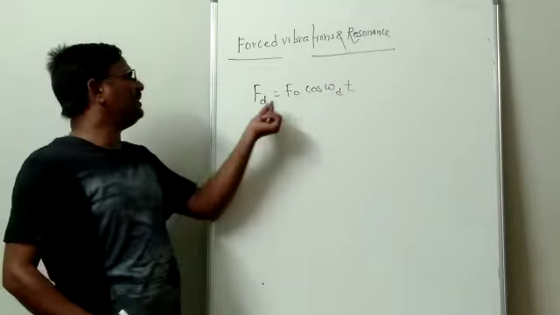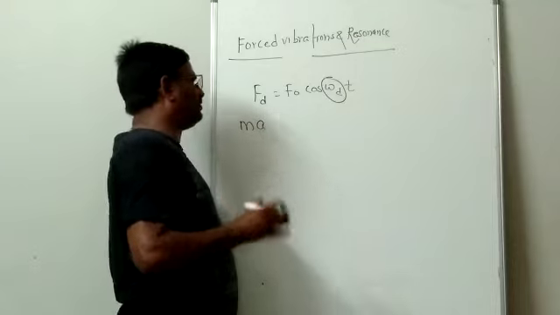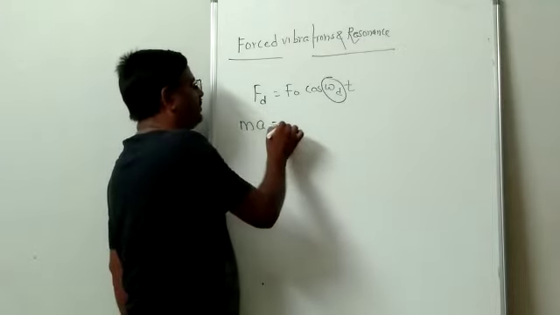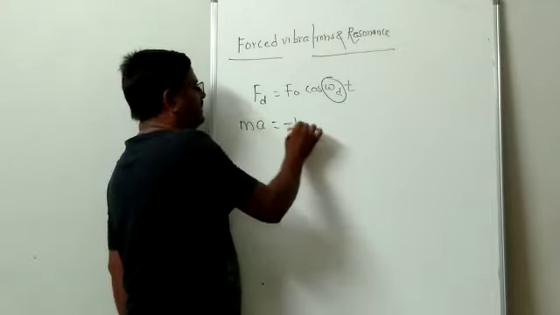Then the equation becomes, if the body is under three forces, ma is equal to minus bv minus kx plus F0 cos omega d t. This is the equation when the oscillator is under three forces: one is the damped force, another is the restoring force, and this is the applied force.